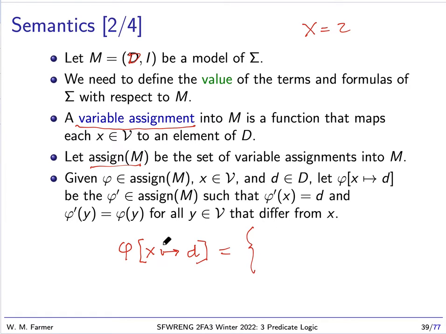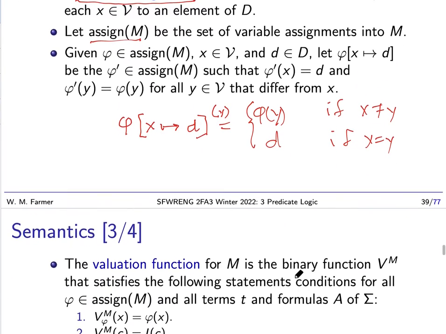So what this equals, if I take this variable assignment and apply it to a variable y, it equals phi of y if x does not equal y, and it equals d if x equals y. So this is a technical definition we're going to need in a moment.